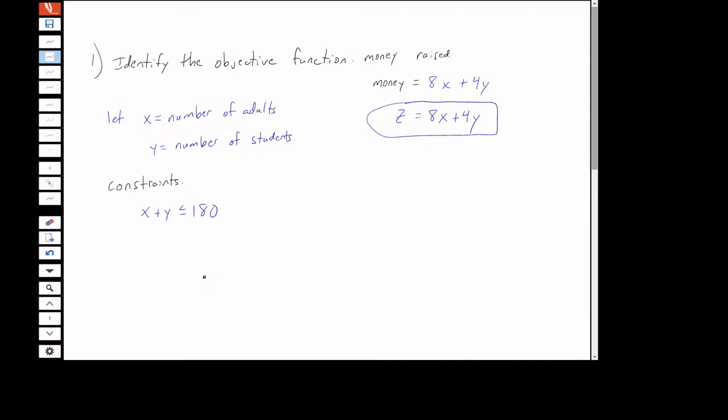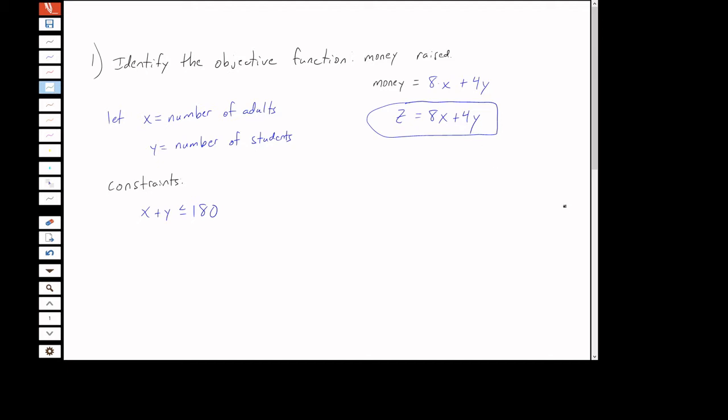Okay. Then there's this trickier one. For every 2 adults, there must be at least 1 student. That constraint we can figure out. What I want to do is show you a process for figuring that out. If you have a constraint, or any sort of sentence that seems a little bit confusing, one thing that I find helps people figure out how to turn that into an equation is to try and put some concrete numbers to it.